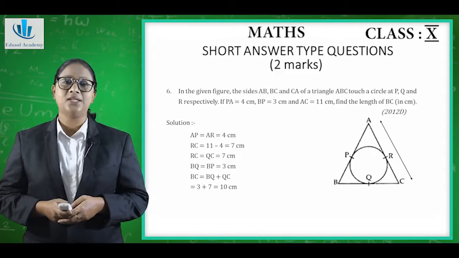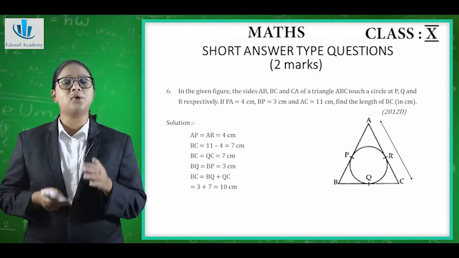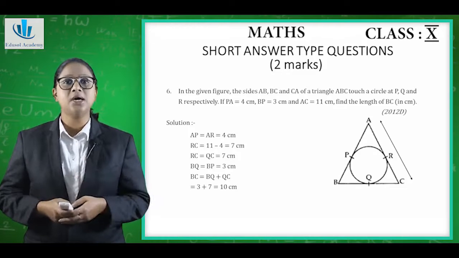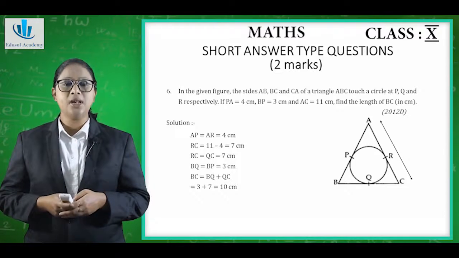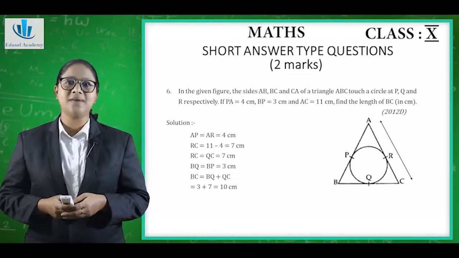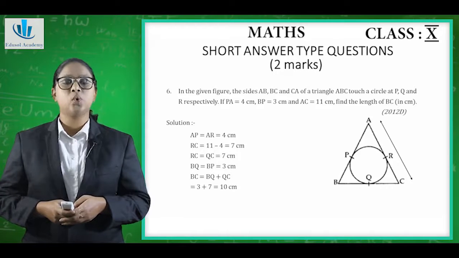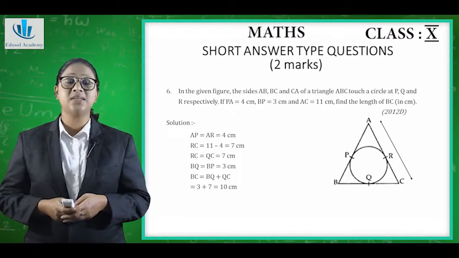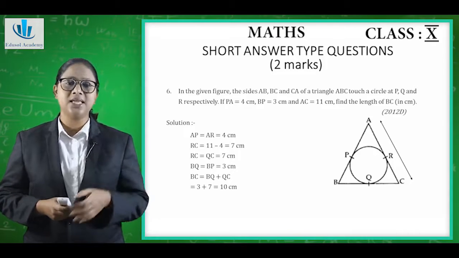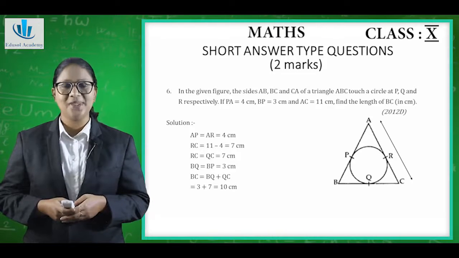Now we can find the length of RC because the total length of AC is 11 cm. So RC will be 11 minus 4, that is equal to 7 cm. Now RC is equal to QC, so both RC and QC will be 7 cm each. Again theorem 2.